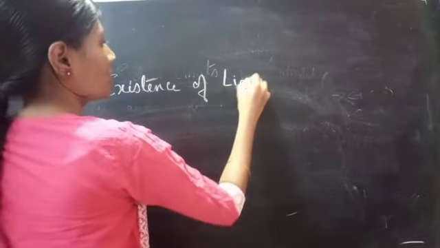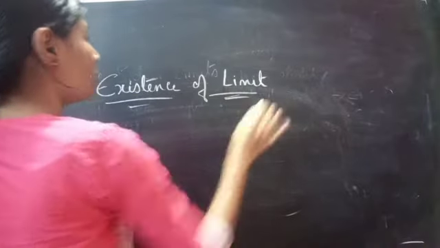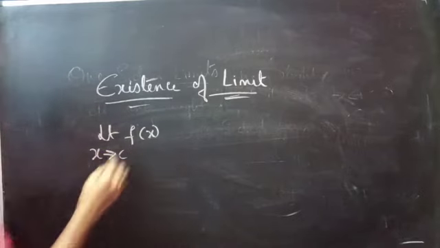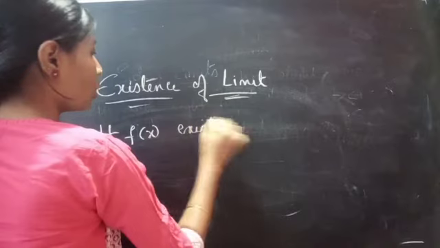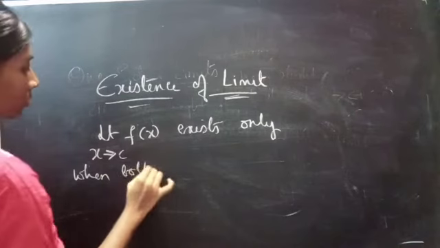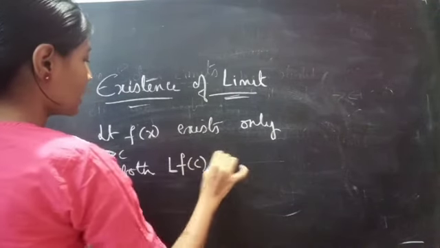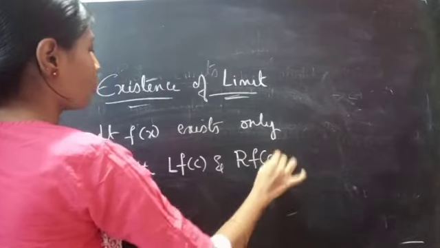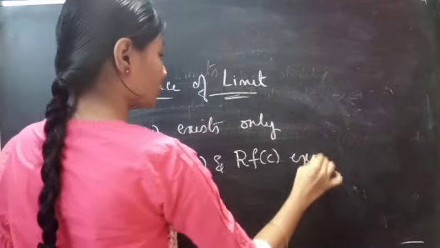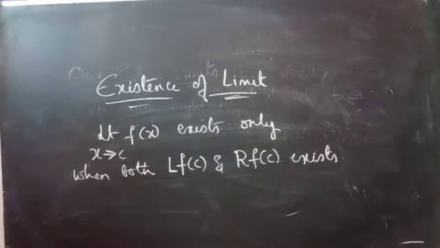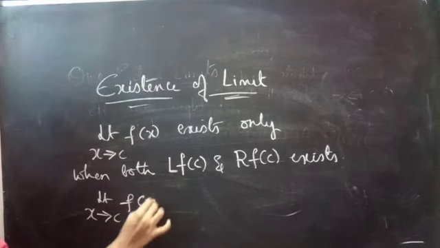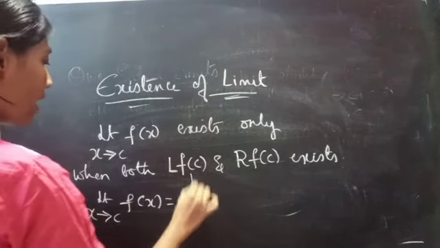Existence of limit. We can say that limit x tends to c f of x exists only when both L of f of c and R of f of c exist. That is nothing but limit x tends to c f of x equals L of f of c.